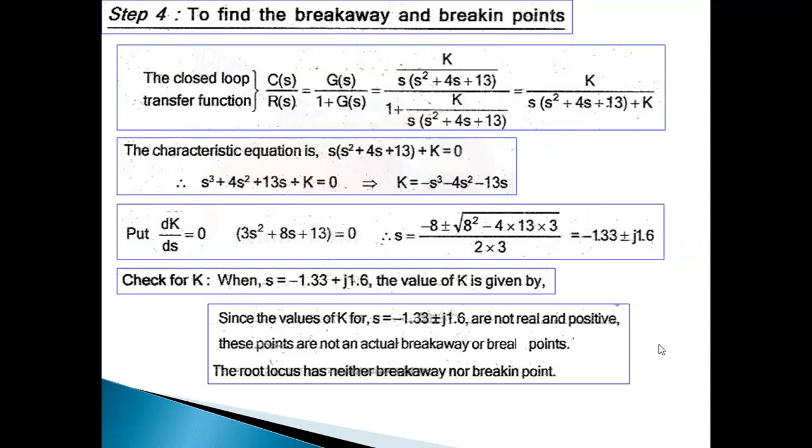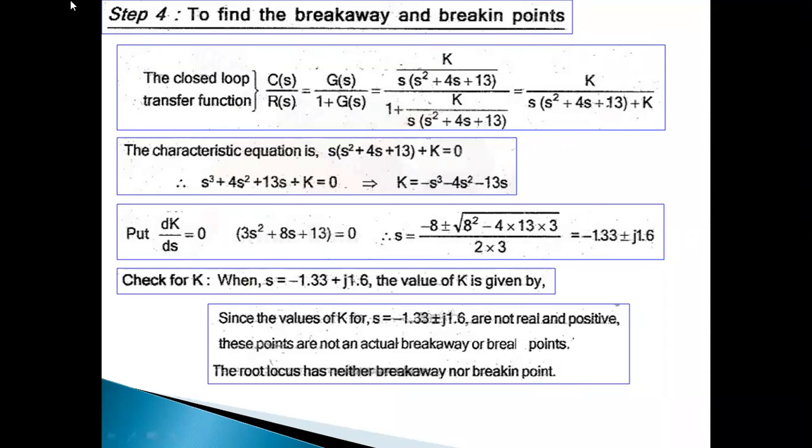In this case, there is no breakaway point or break-in point, since the k value is not real and positive. The root locus has neither breakaway nor break-in points. In step 4, we have to calculate the breakaway and break-in points.